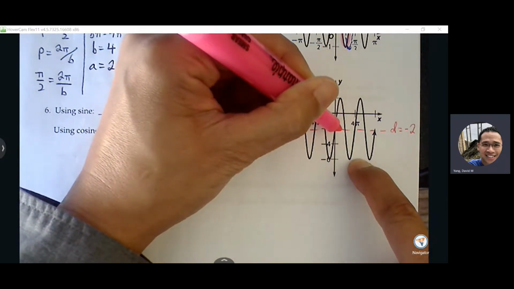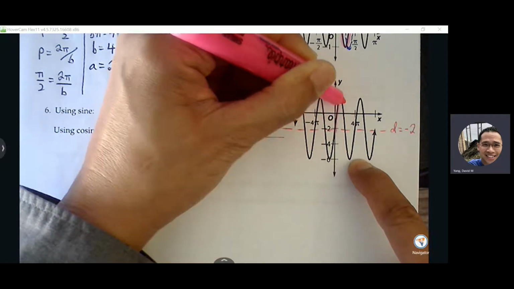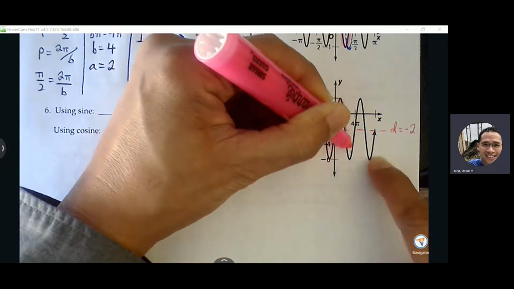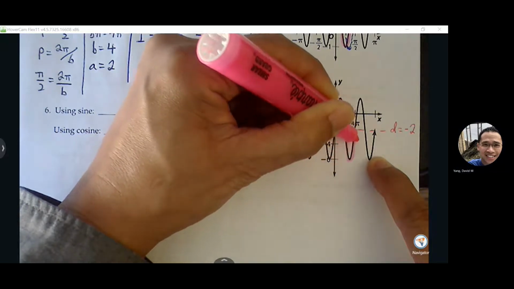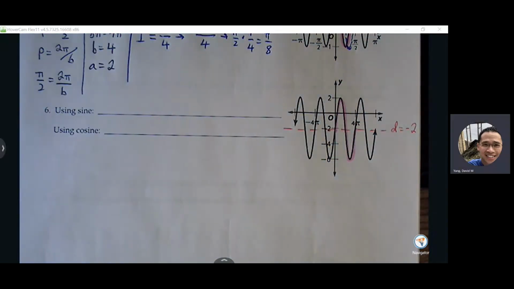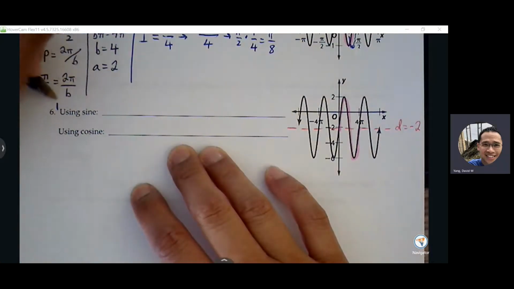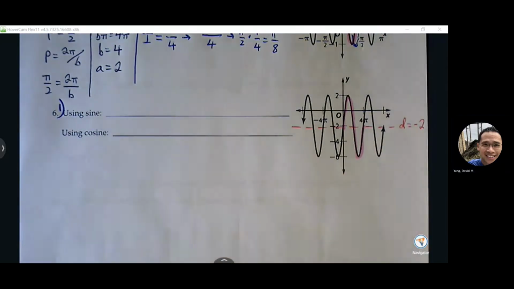Starts at the midline, rises up to the peak, midline, back down, back to the center. Okay. So I'll start with the sine first.